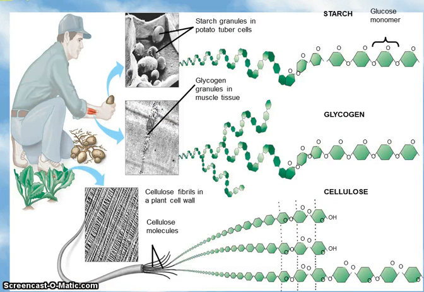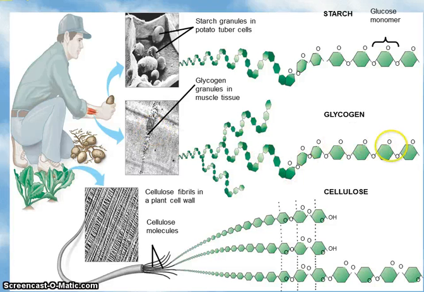If we look at these structures here, we're looking at starch that's in a potato. It's nothing but a big long chain of glucose molecules that are bonded together by these alpha bonds that our body can digest. Here, what we're looking at are long chains of glucose that our bodies store in our muscle tissues in the form of glycogen.